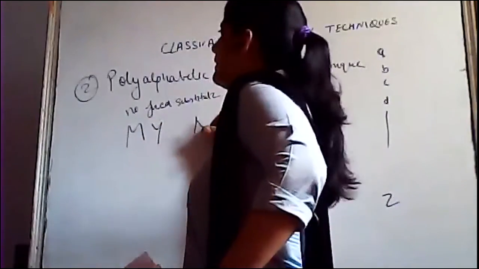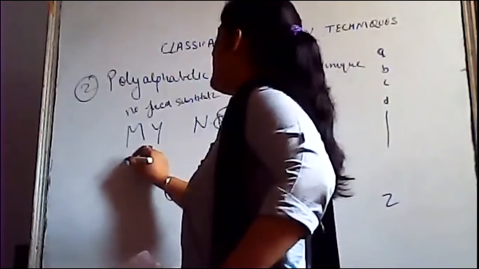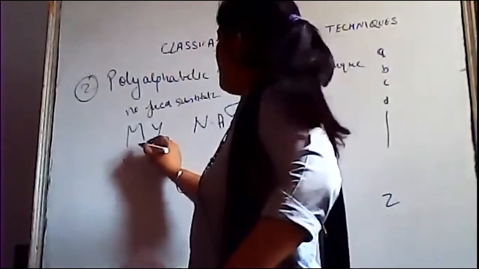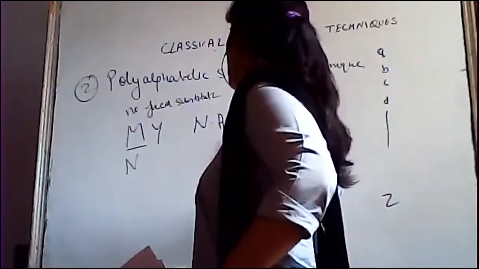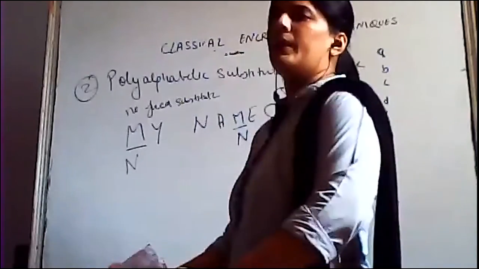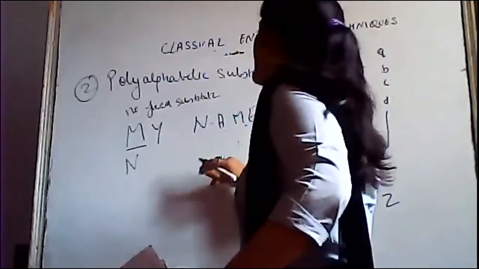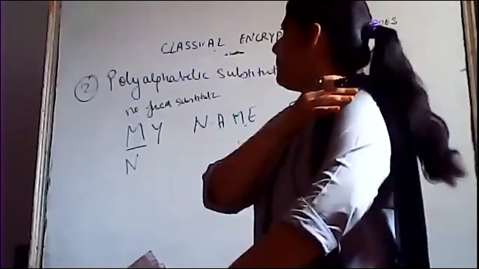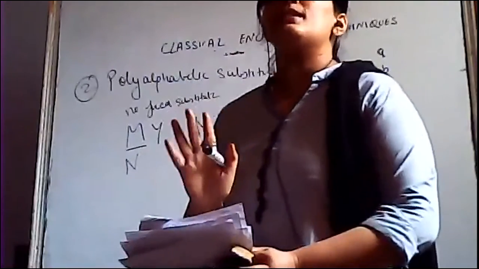That is my name. In that case, I was using that n in place of that n, and that n will remain the same every time that n occurs in the text. But in this case it is not so. In the case of poly, mono means single, poly means many.